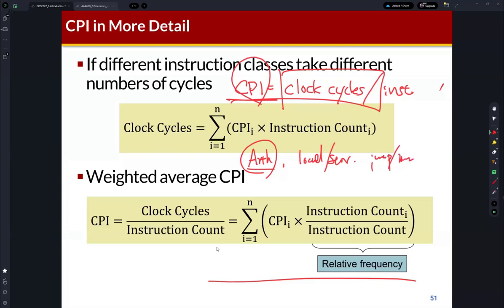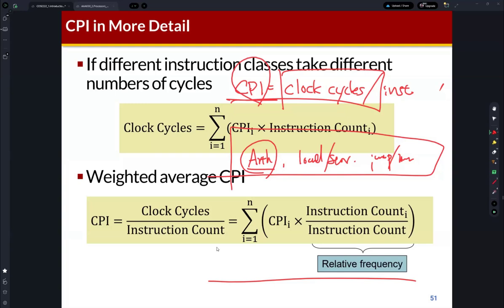We will learn about these types of instructions in chapter 2. Anyway, there are many types of instructions, and these instructions exhibit different CPI. The average CPI can vary by instruction.